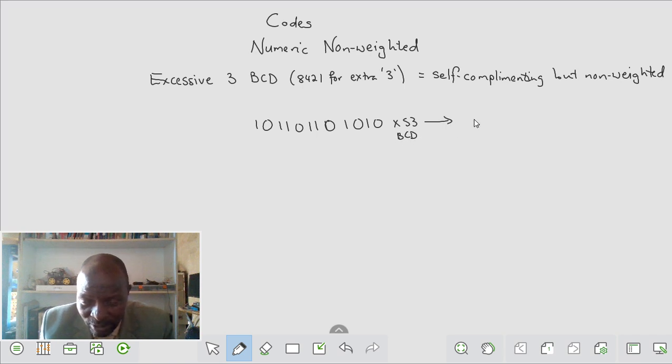We have to convert this to, let's say, 4221 BCD. I am deliberately making conversions between two different codes, because we're dealing with codes here. You could have been asked to convert it to a normal decimal number, or to binary, but the key is you have to first know what the decimal is.